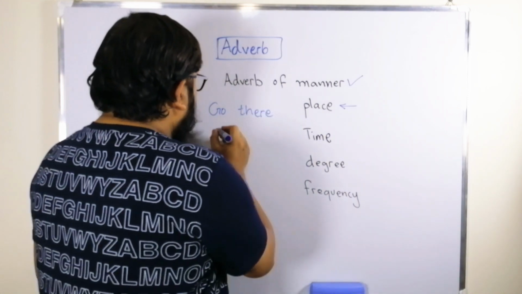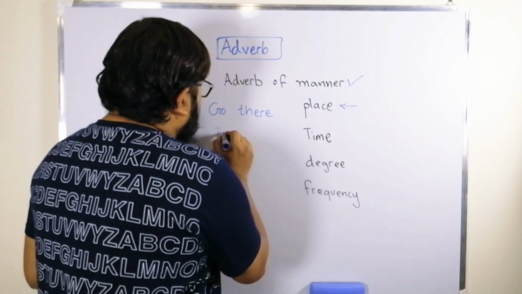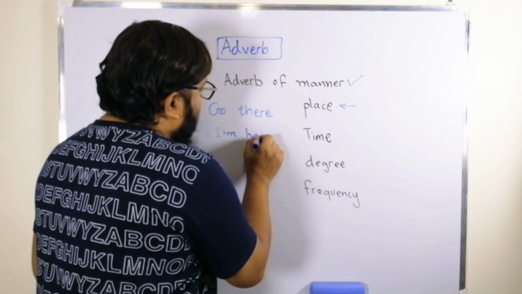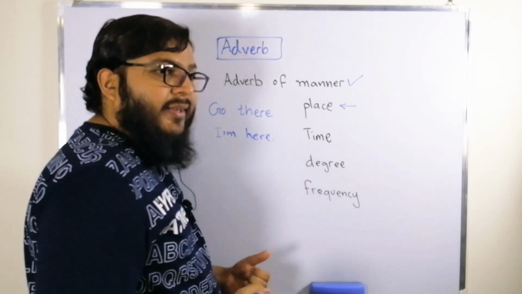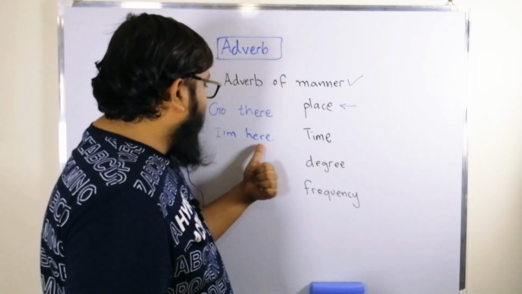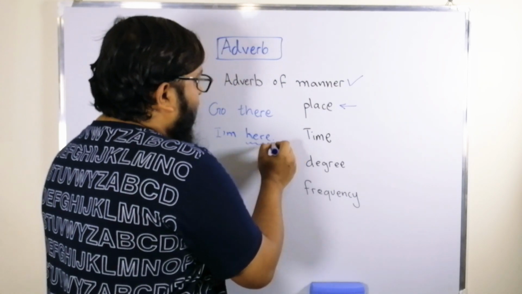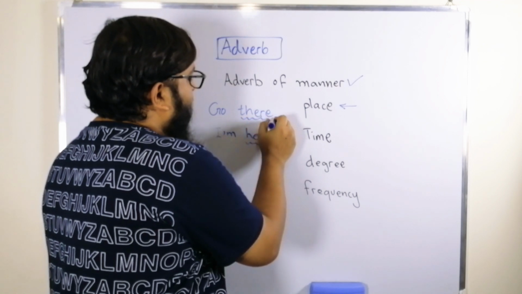Or somebody asks you, where are you? You say, I'm here. So when you say I'm here, this is a complete sentence. It has a subject and a verb. But what is here? Here is an adverb of place.